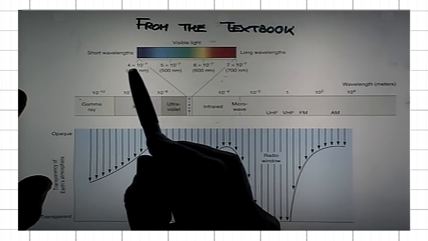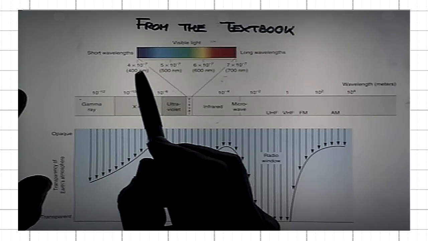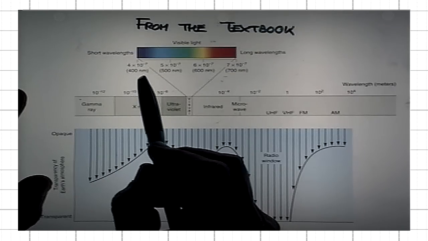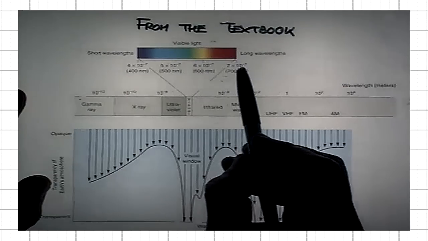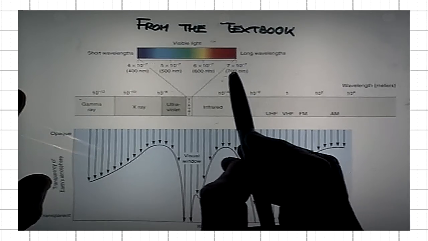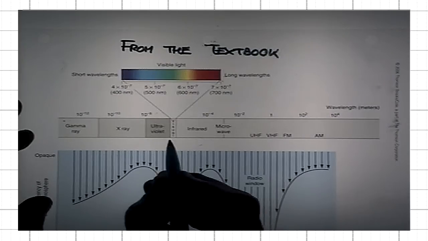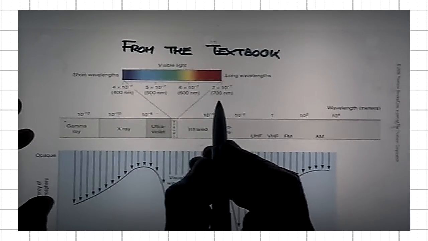So then the wavelength of 4 times 10 to the minus 7 meters is 400 nanometers. And the wavelength of 7 times 10 to the minus 7 meters is 700 nanometers. So this is the visible part of the spectrum, from 400 to 700 nanometers.